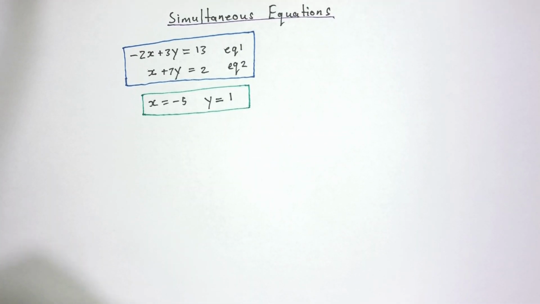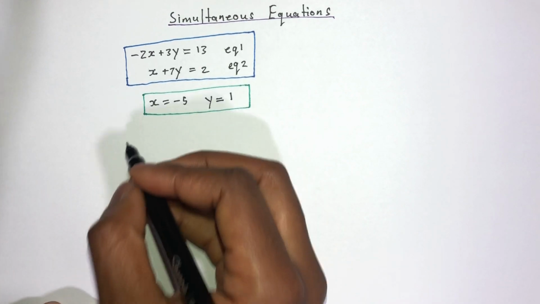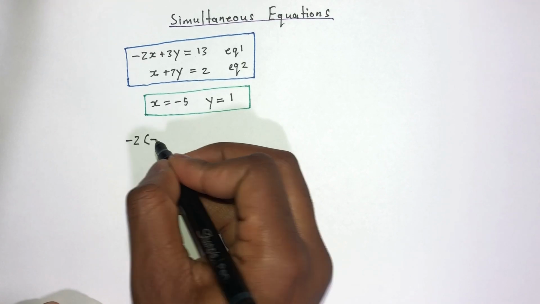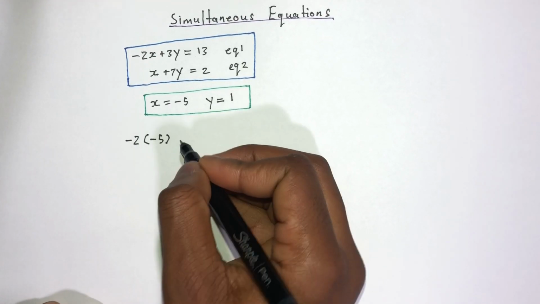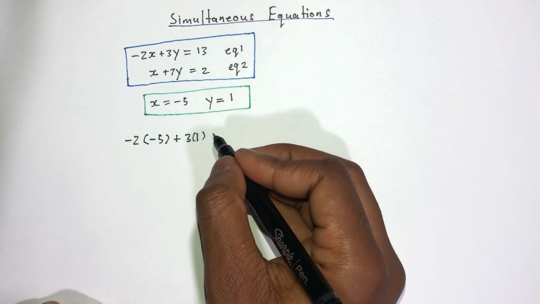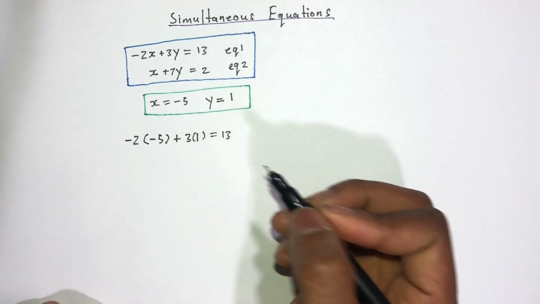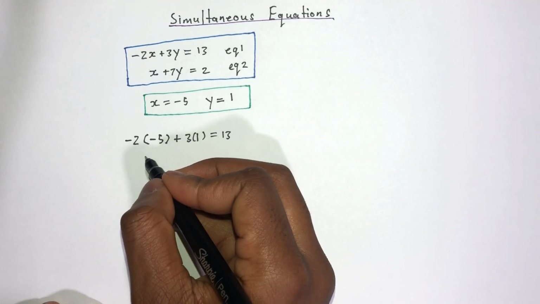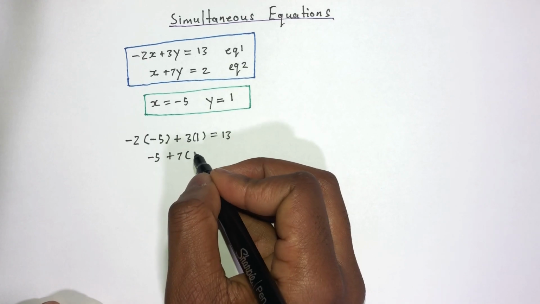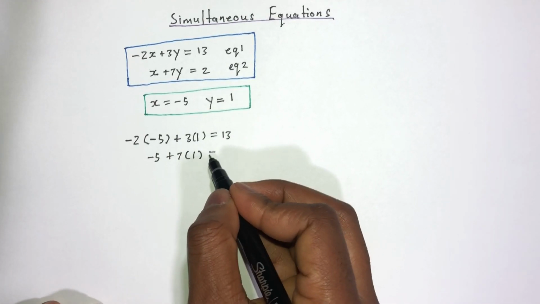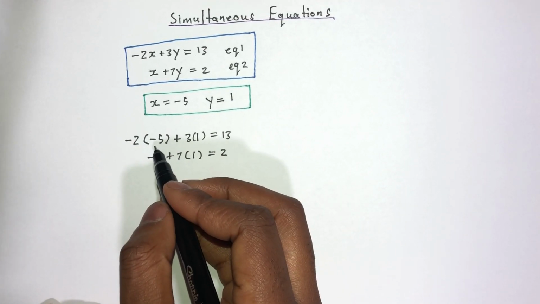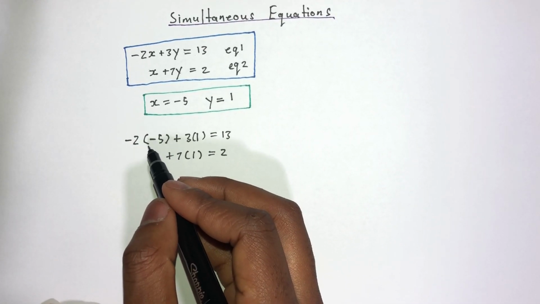We are now going to check our answers. Negative 2 times x, and x is negative 5, plus 3 times y, and y is 1, equals 13. X plus 7y equals 2. Alright, so negative 2 times negative 5 gives us positive 10.